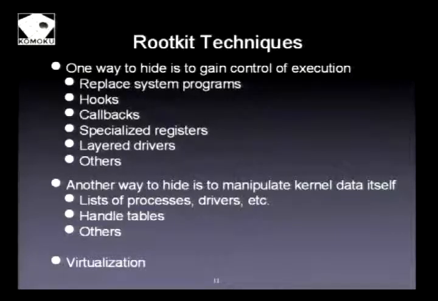With that, if you understand the structures within memory, you can just start changing them at will, and you'll completely disappear from all the higher level APIs that the operating system would expose to a developer in order to find files or find processes and so forth. I believe there's going to be some talks about virtualization and some rootkits moving into the virtualized world where they're in the hypervisor and therefore they can hide from the untrusted domains and subvert those.